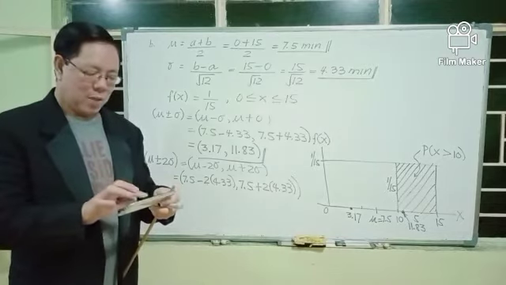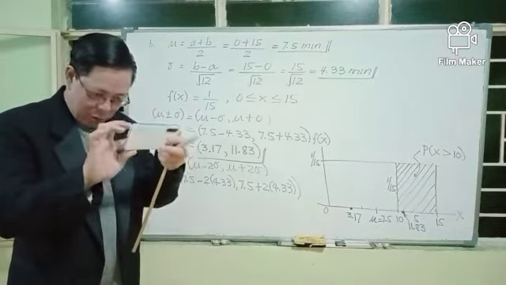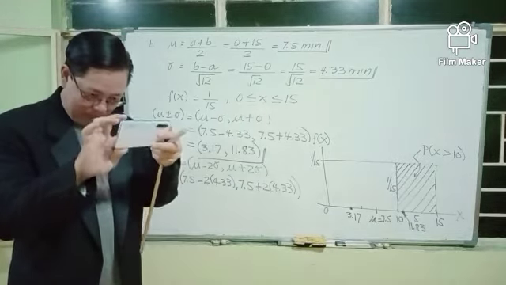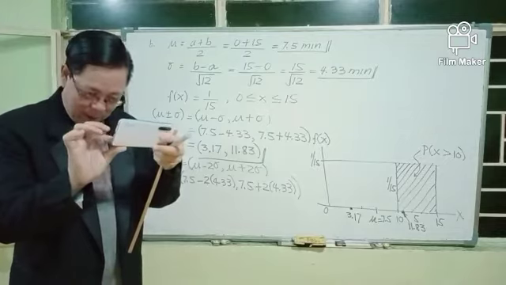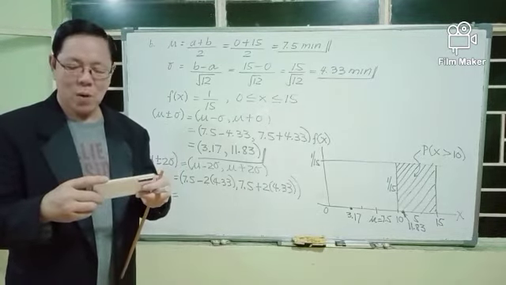We have 7.5 minus 2 times 4.33, and you should get negative 1.16.